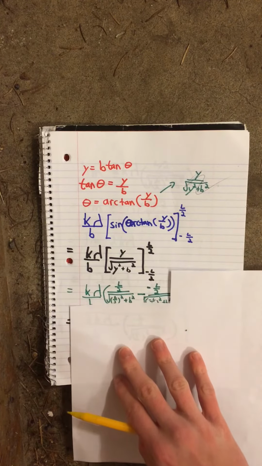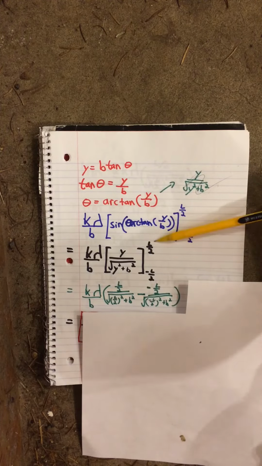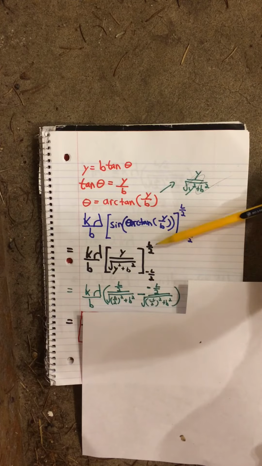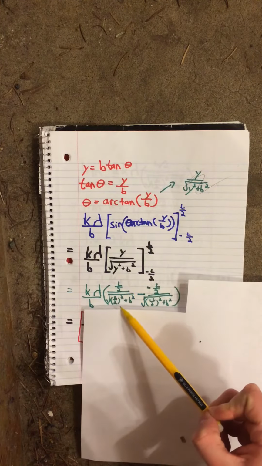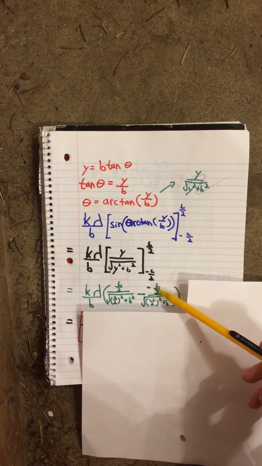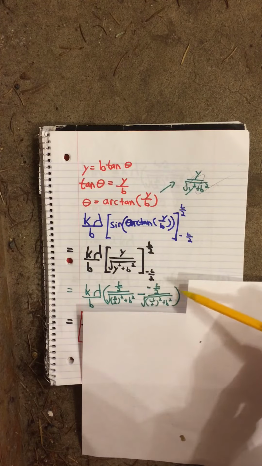Now we are plugging in these limits. When we find the total sum of the integration, we do the first one, plug that in, L over 2, and then we have the second one, which is negative, but you have to subtract it, so this is overall going to be positive.